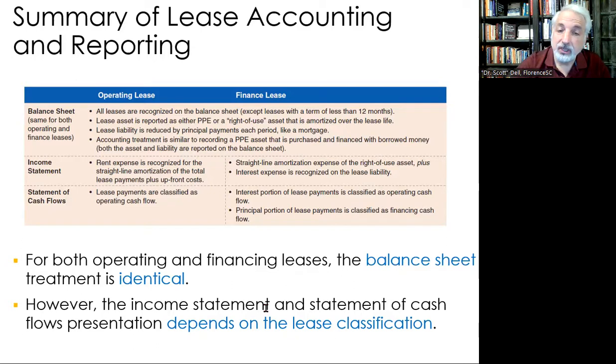The income statement and statement of cash flows depend on the classification. So is it cash flow from operations or cash flow from financing? Again, if it's a financing lease, obviously it'd be financing. If it's geared towards the operations, it'd be part of operations.